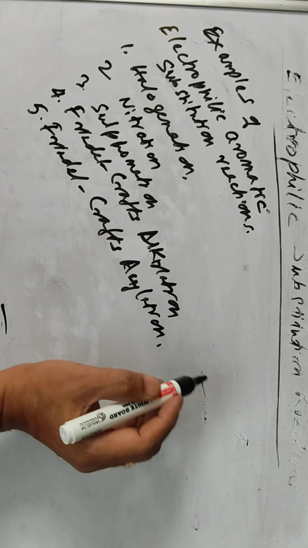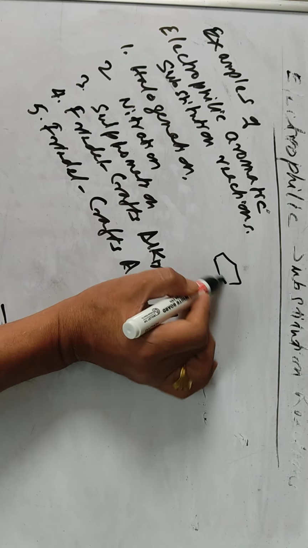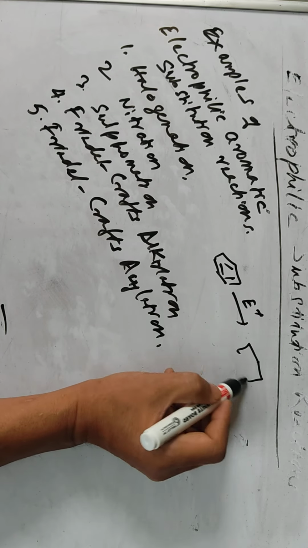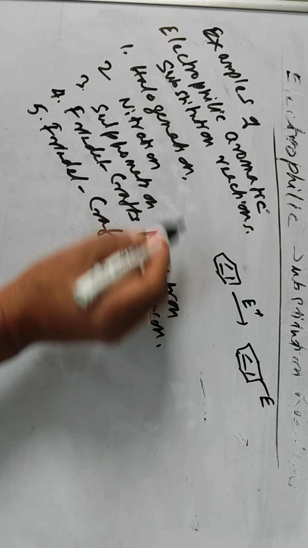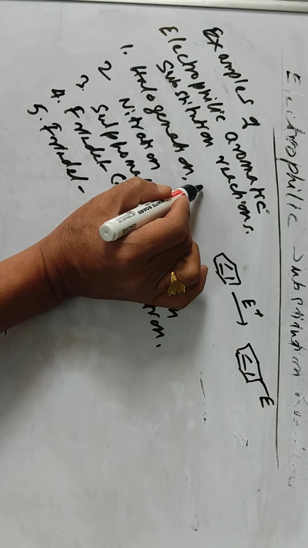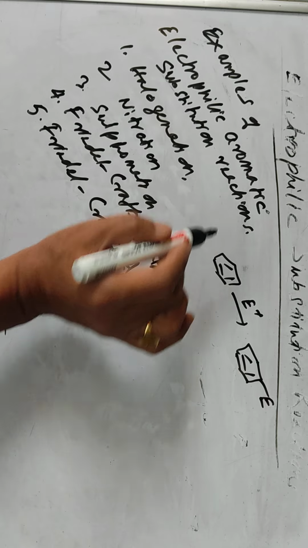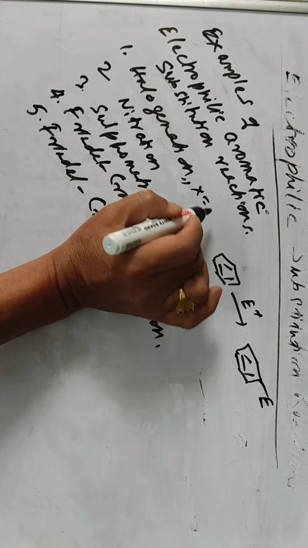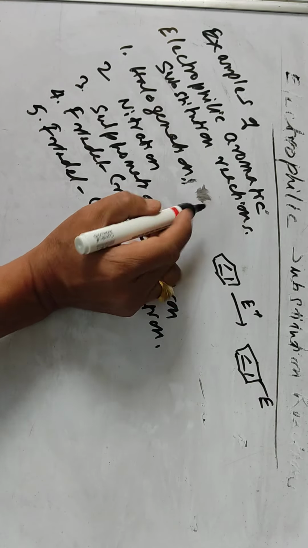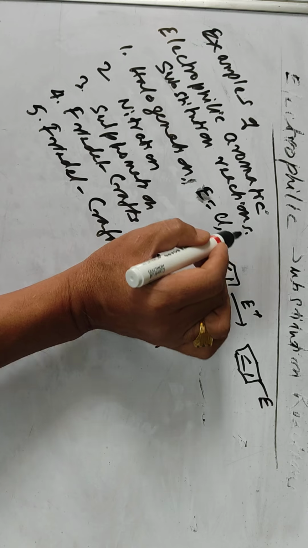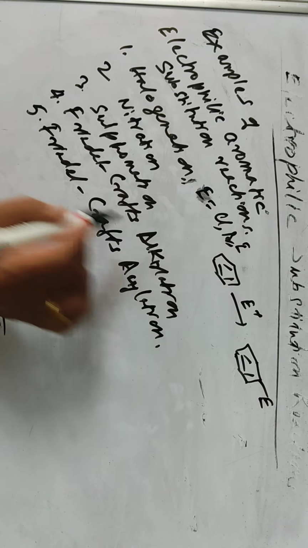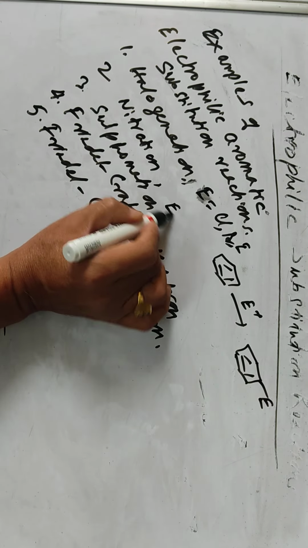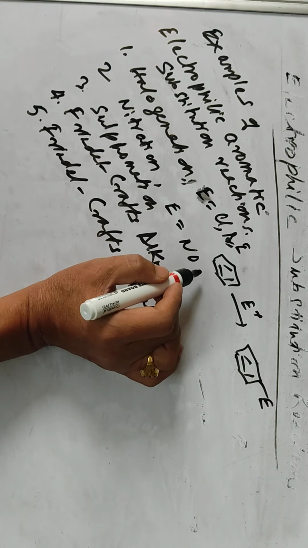In the case of halogenation, the electrophile E is chloride or bromide, a halogen X. In the case of nitration, E is the nitronium ion, NO2.